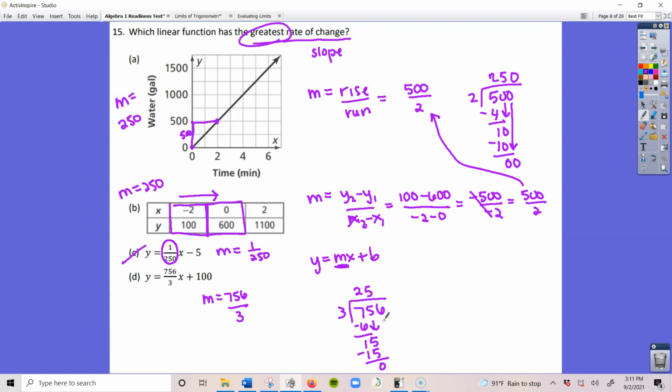We get 0. And now we bring down the 6. 3 goes into 6 2 times to give you 6. So there's no remainder. So my slope for D is going to equal 252, which is more than 250. So this is the one that has the greatest rate of change.